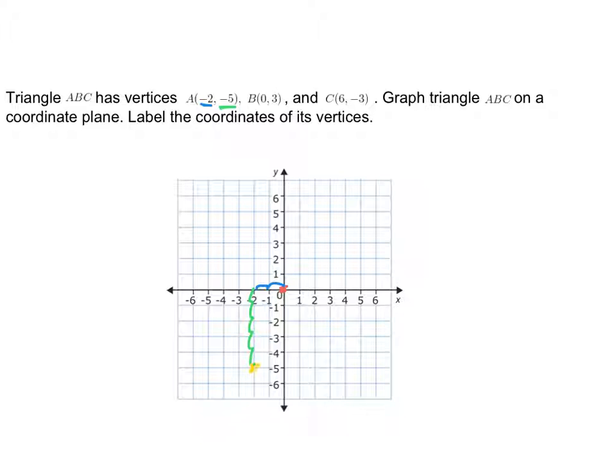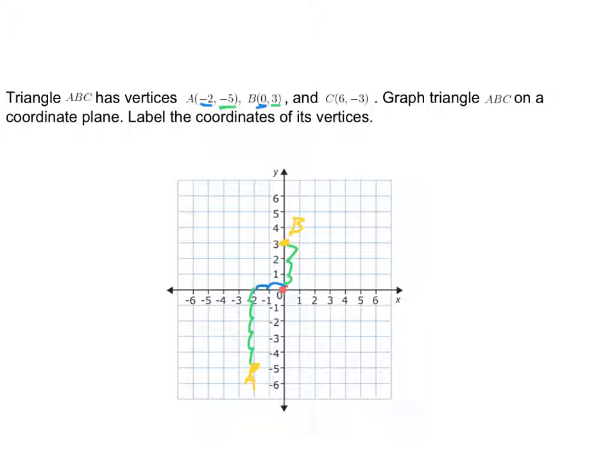This point right here is A. Same thing with B. The x-coordinate is 0. If any coordinate is 0, we don't move. So we stay right on the origin for our x. The y-coordinate is 3, so we go up 3. And right there is our point for B.